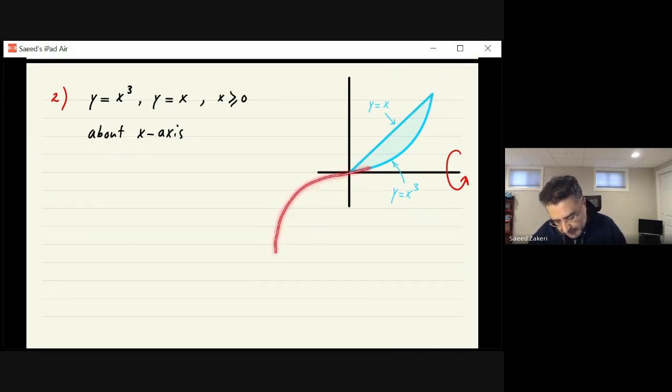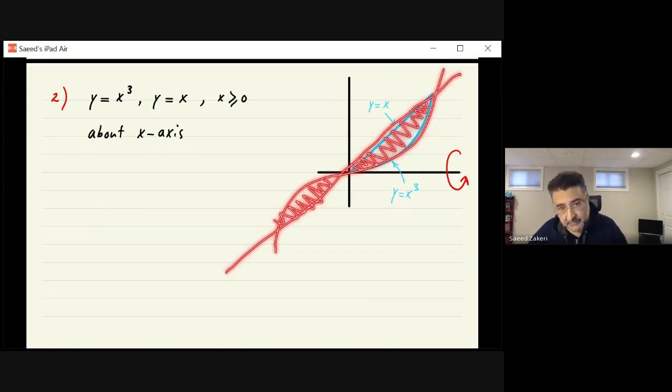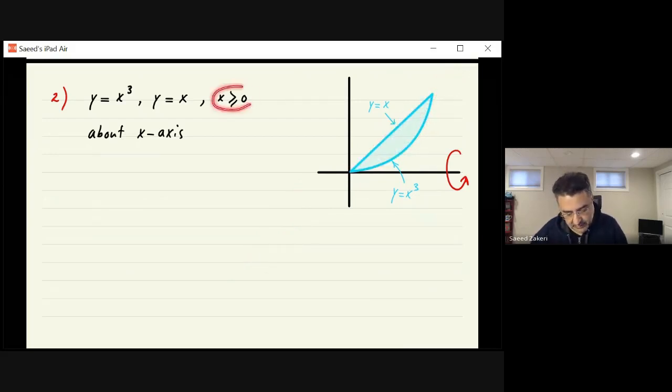When I take this x cubed and this x, there are two regions bounded by them. But it's telling me that I have to focus only on the part where x is positive, so I just end up with this region. Bounded from above by x, from below by the graph of x cubed.